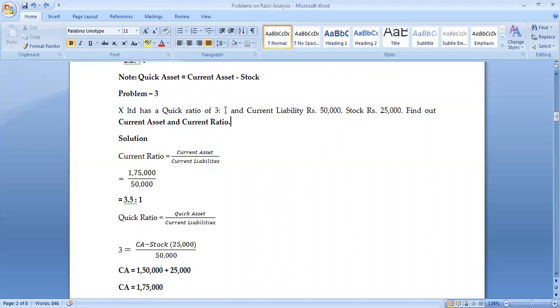Clear? 1 is already given as 50,000. So 3 you have to find out.